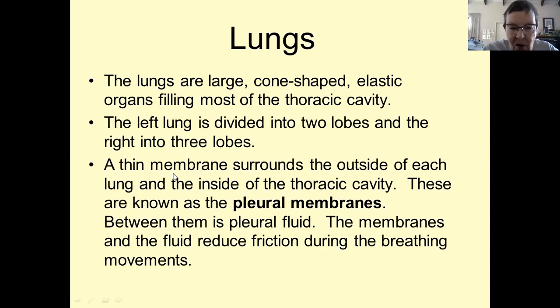There's a very thin membrane which is attached right on the outside of the lungs, and there's a second membrane which lines the thoracic cavity. These two are called the pleural membranes, pleural spelled P-L-E-U-R-A-L, and there's a little space between them filled with pleural fluid.